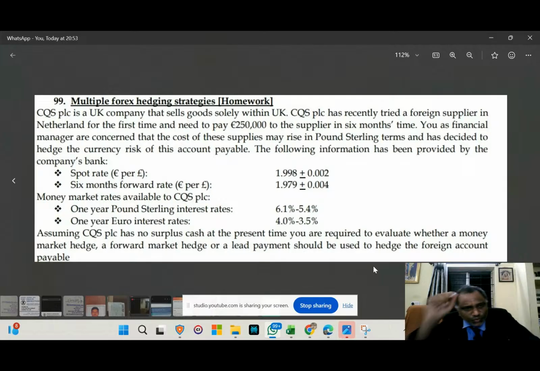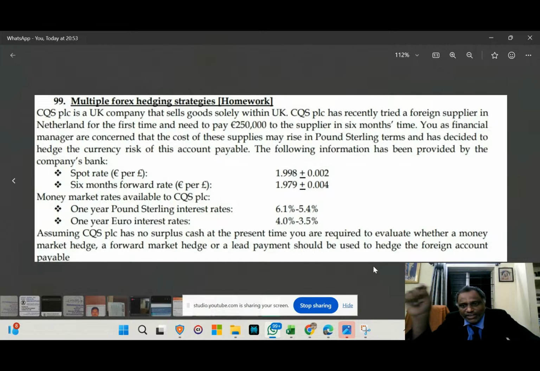Assume CQS PLC has no surplus cash at present time.